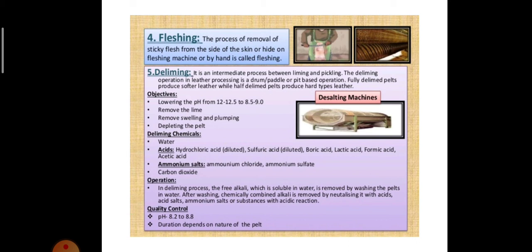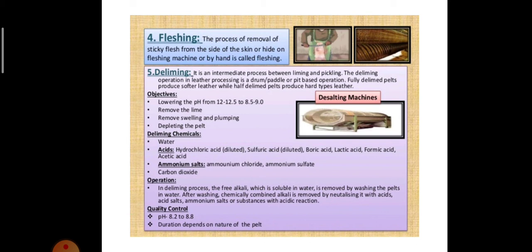I repeat once again: fleshing is the process of removal of sticky flesh. Inside the layer, some of the flesh sticks to the sides of the skin or hide. See these images. Fleshing by machine as well as by hand is called fleshing.